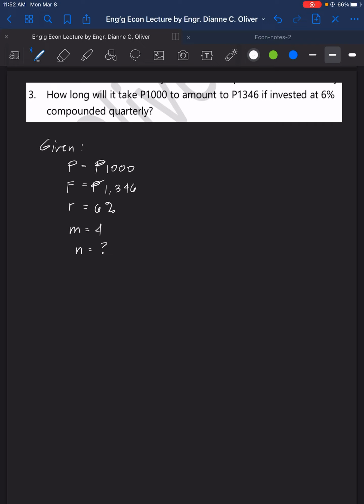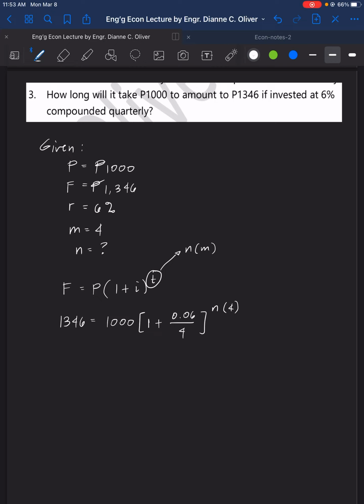Okay, so let's use again the formula. F is equal to P(1 plus i) raised to T. And actually, this T here is N times M. So we have F of 1,346 equals 1,000 pesos times (1 plus 0.06 divided by 4) raised to N times 4.